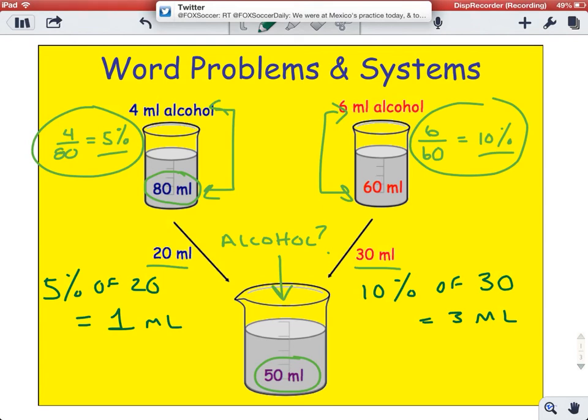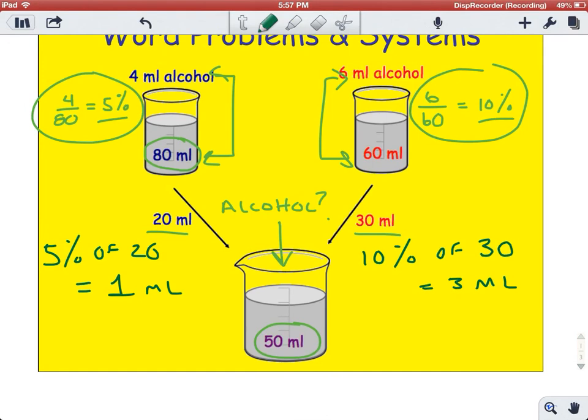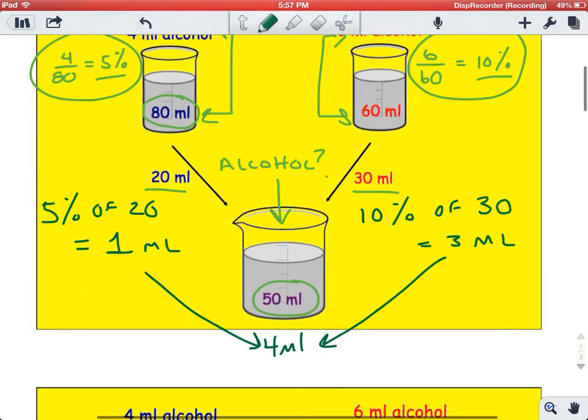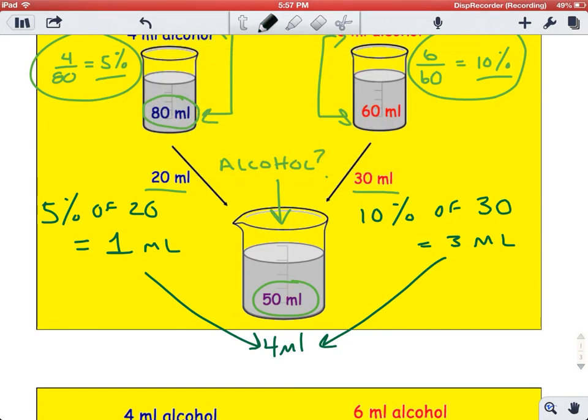And so now I know how much alcohol is in this beaker. There are 4 milliliters of alcohol in this beaker. And so the final question is, what's the percent or strength? That's going to be 4 divided by 50, times 100, and that's simply going to be 8%.